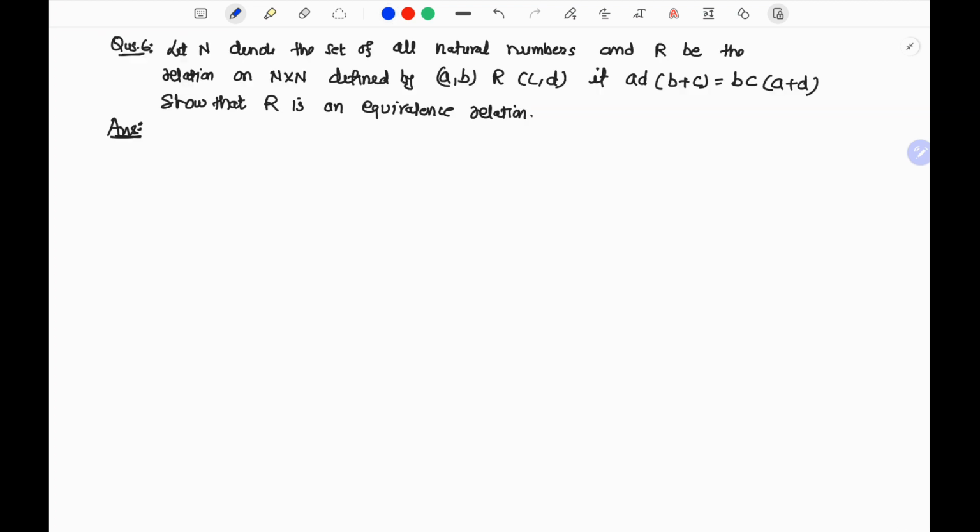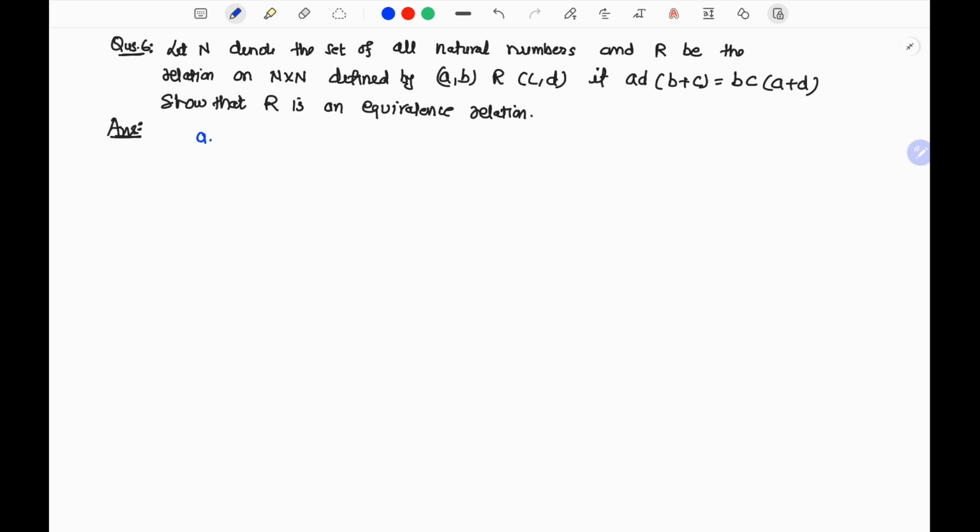Sixth question is, let N denote the set of all natural numbers and R be the relation on N cross N defined by (a, b) related with (c, d) if ad into (b plus c) is equal to bc into (a plus d). Show that R is an equivalence relation.